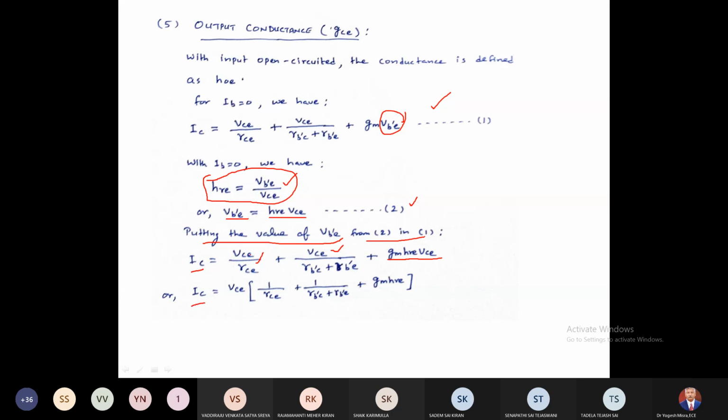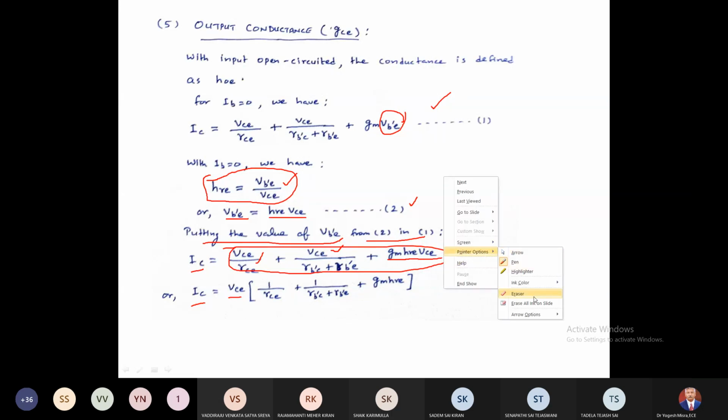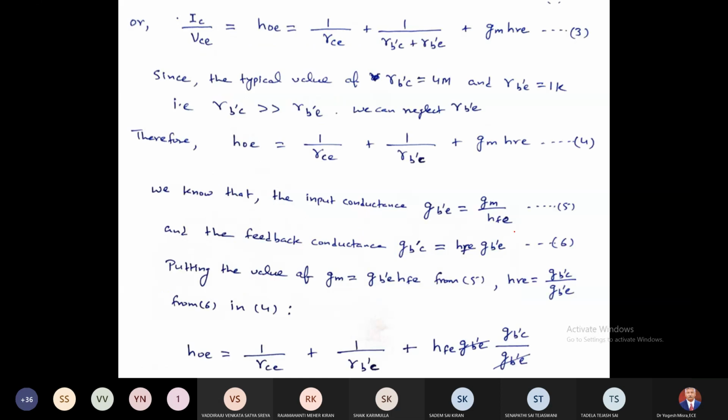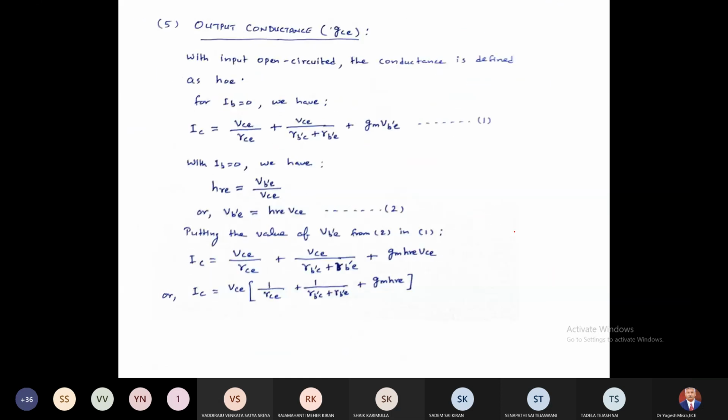Then in all these three terms on the right hand side, VCE is common, so I have taken it out common. So 1 by RCE, 1 by RB'C plus 1 by RB'E plus GM HRE. This expression will come. Now see, HOE is output admittance.